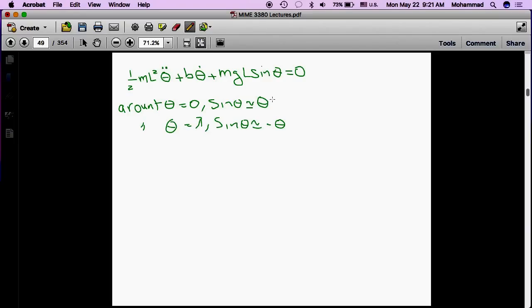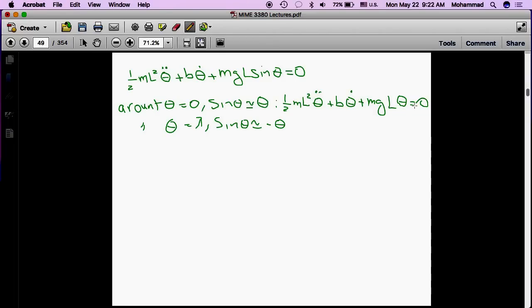So that tells you, if you want to rewrite the differential equation, it would be 1/2 ml squared theta double dot plus b theta dot plus mgl. Instead of sine theta, what will I write? Theta, for theta equals 0. So what is the difference? What is this equation? It's a differential equation, time invariant, but what have we lost in the process?